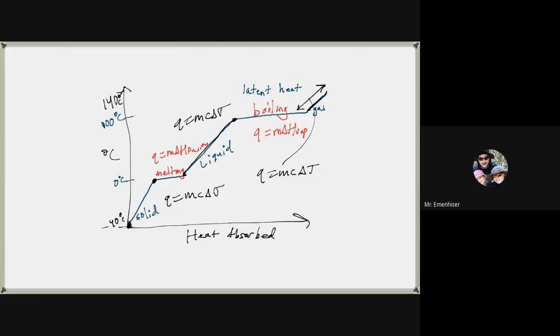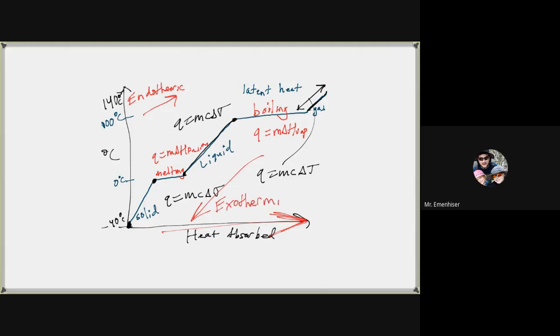Okay. If we're going this way, we can say that energy is absorbed. So that's endothermic. And I know that might sound opposite of what you're thinking. But if we go from ice to liquid, you have to put energy in to melt it. If you have liquid water and you want gas, you got to put energy in. So going up that way is endothermic, and then going back this way is exothermic.